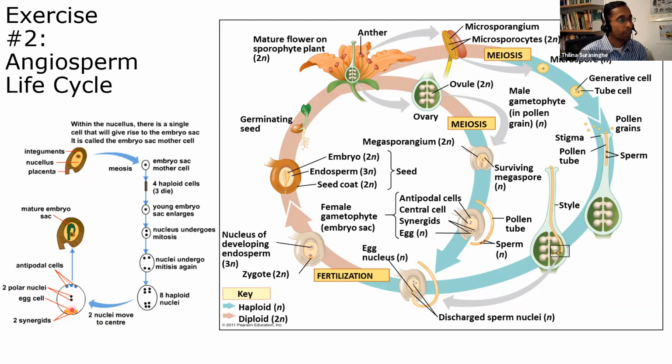And then the rest of the other nuclei become either antipodal, and 2 of them become synergid cells, and only 1 of them becomes an egg cell, right? An egg cell lies right next to the micropyle, this particular opening.